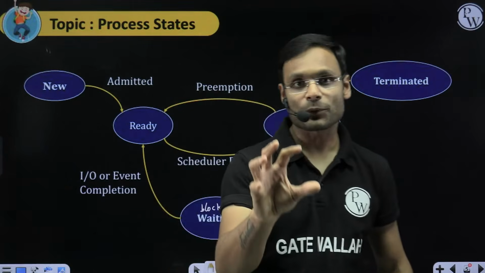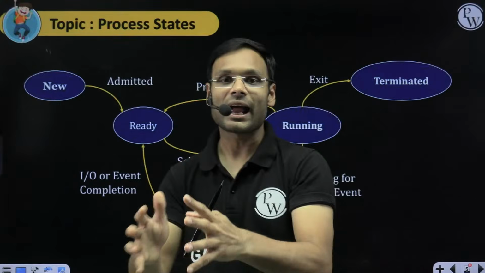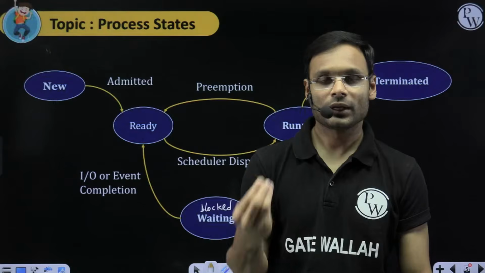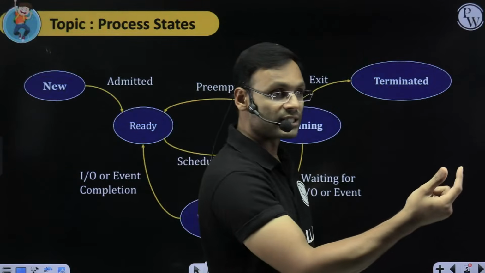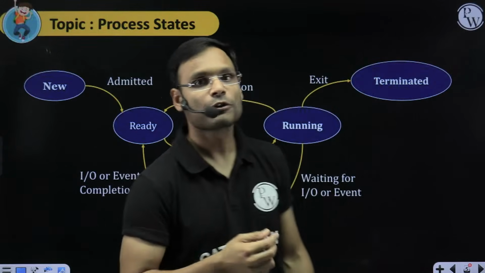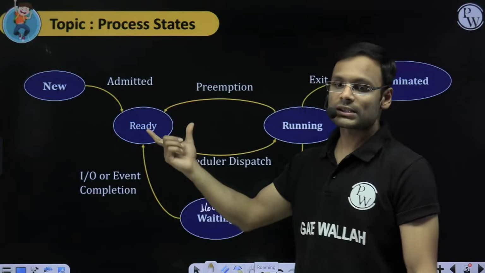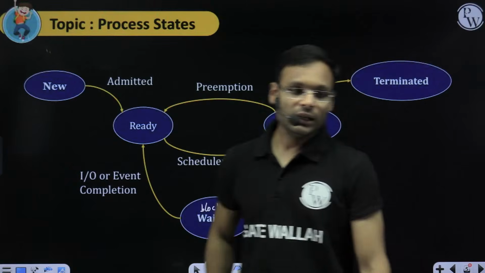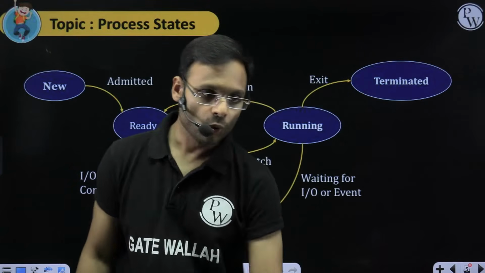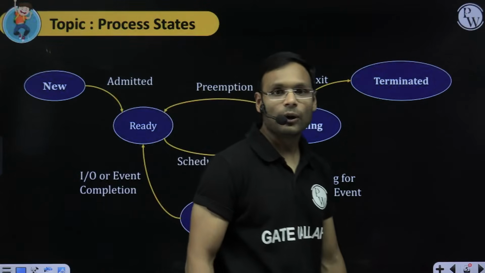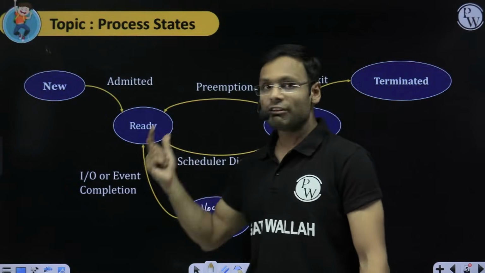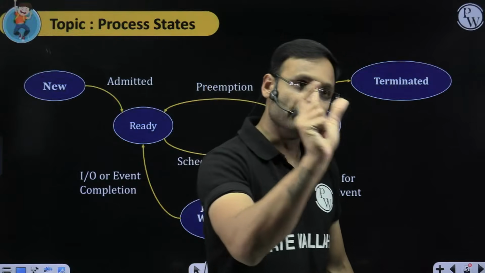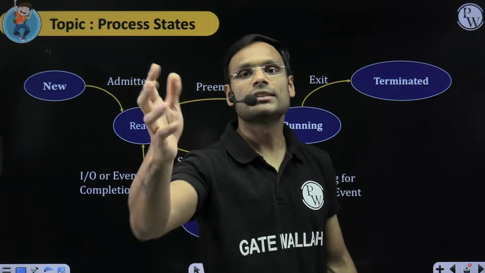So all such processes which are in RAM, you brought them in RAM, but among those only one process can run in the CPU, and the remaining are waiting for the CPU. Such processes are called in ready state. So the definition of ready state: all those processes which are ready to run in the CPU.